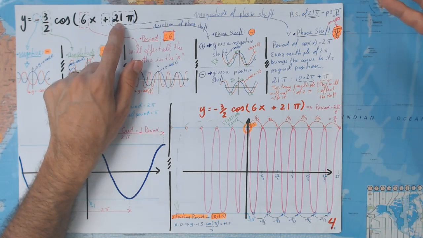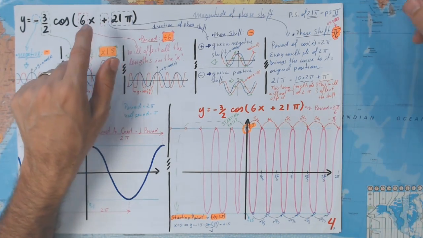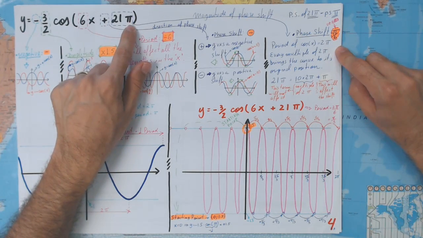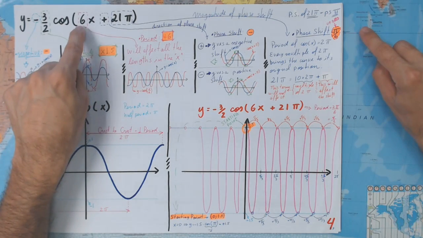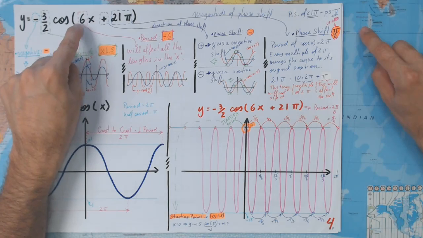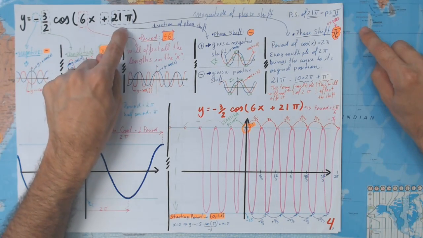But if we have anything that is not an even number in here, then we're going to have a phase shift. So in this case, the phase shift is going to be minus pi, but you have to take this into account. Don't forget to acknowledge that number, it is going to affect the phase shift.